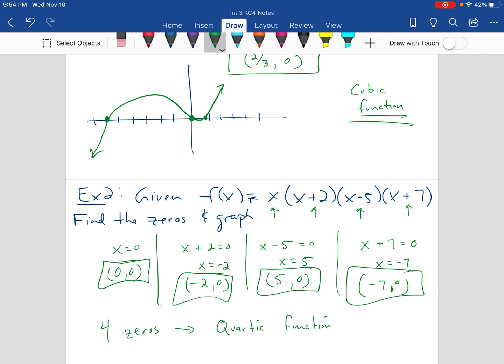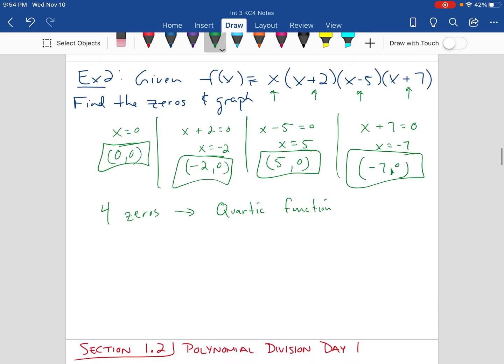Okay, so we should know what a general quartic function looks like. Okay, so I'm going to go ahead and draw my graph. And this is a sketch, so it does not have to be perfect. Okay, so I have a coordinate at (0, 0), (-2, 0), (5, 0), and (-7, 0).